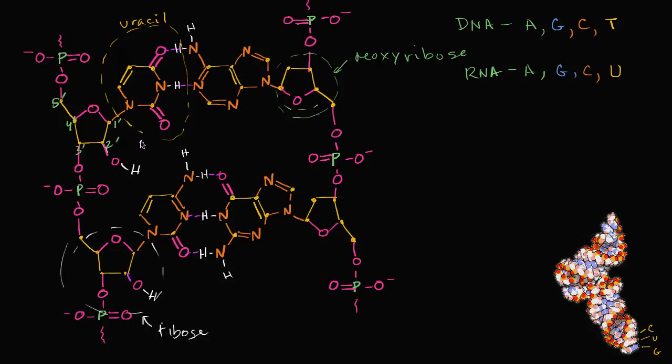Why not uracil? Based on what I've read, it turns out that uracil is a little bit more error prone. It might be able to bond with other things when you're coding. It's a little bit less stable than thymine. And so uracil makes the machinery of information transfer less stable.